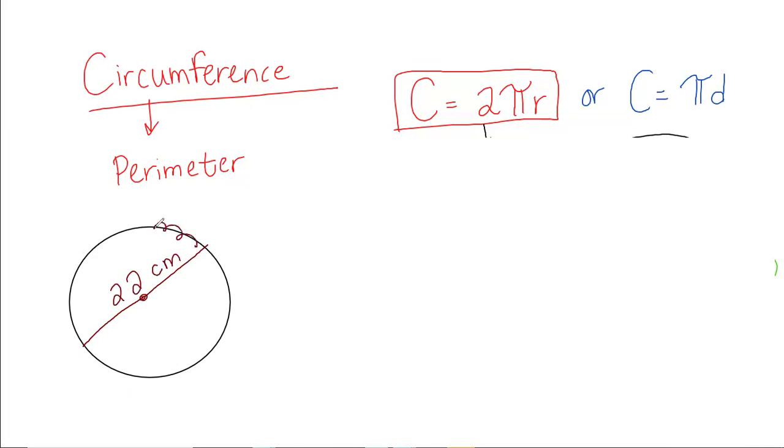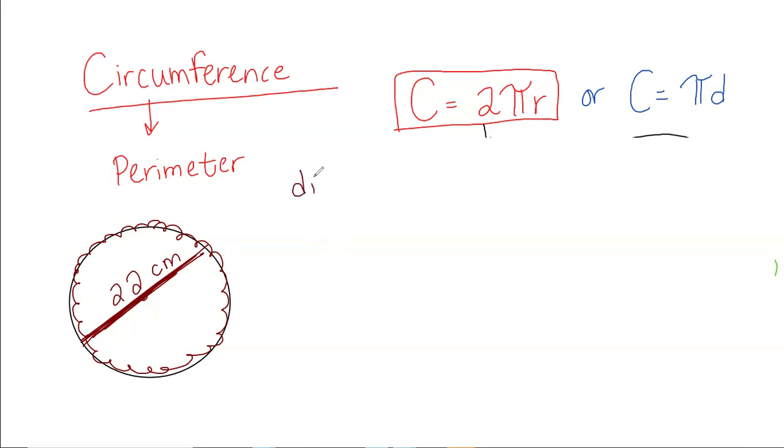So again, that would be the length around the circle, the perimeter of the circle, if you will. So the entire diameter is 22. So yes, we could use that blue formula, but for ease, I just like remembering one formula.